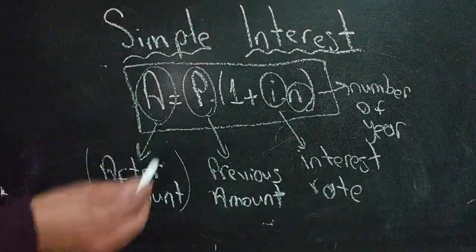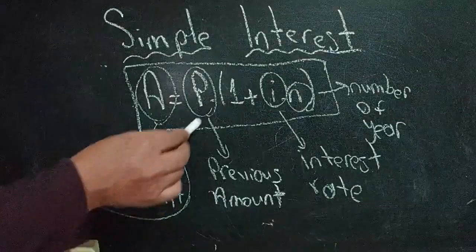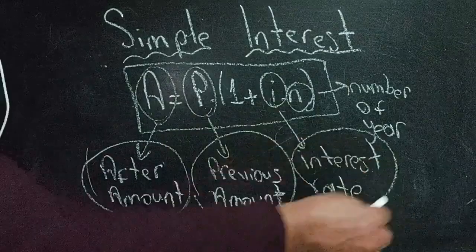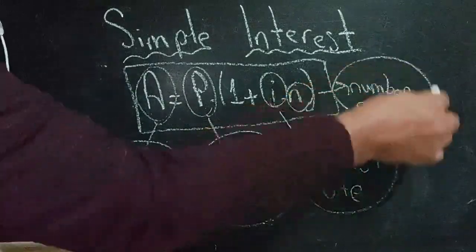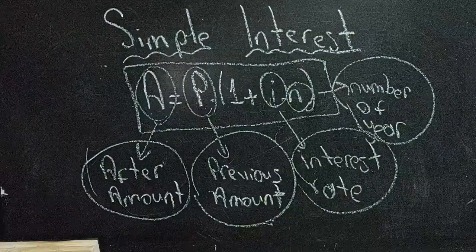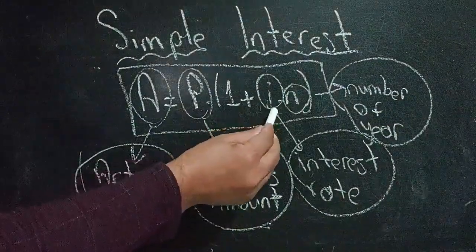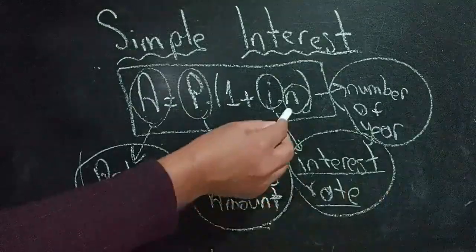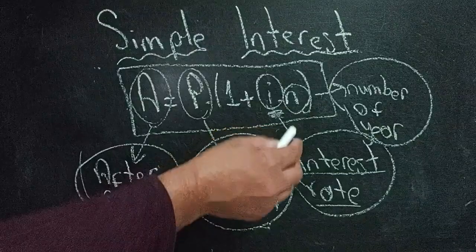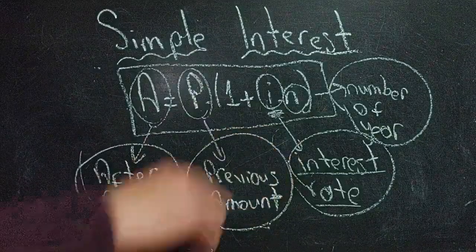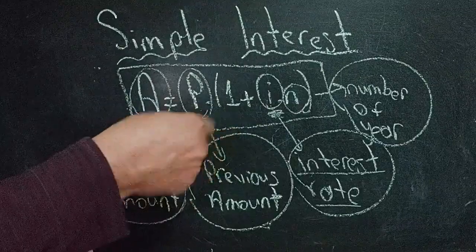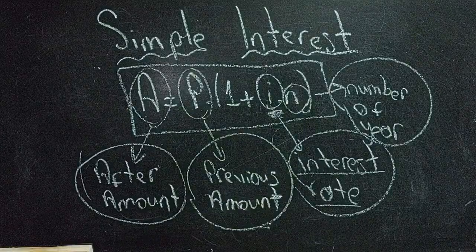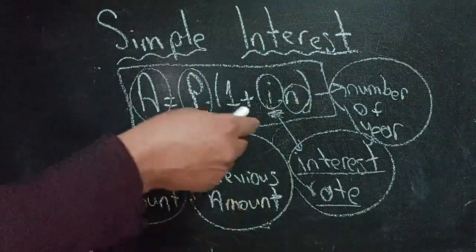So again, A was after amount, P was previous amount, I was interest rate, and N number of years. That I is going to be given in percentages, and you will need to convert it to a decimal number or fraction. In examples, I'm going to show you how to convert, and how to use it.